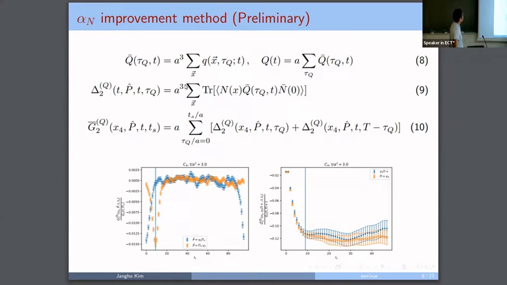If we just insert Q bar between the nucleons, that's delta 2 Q, and G2 bar Q is the symmetric summation of delta 2 from 0 in this case.